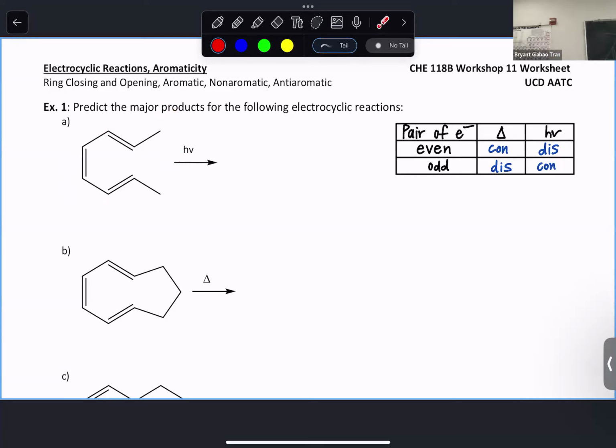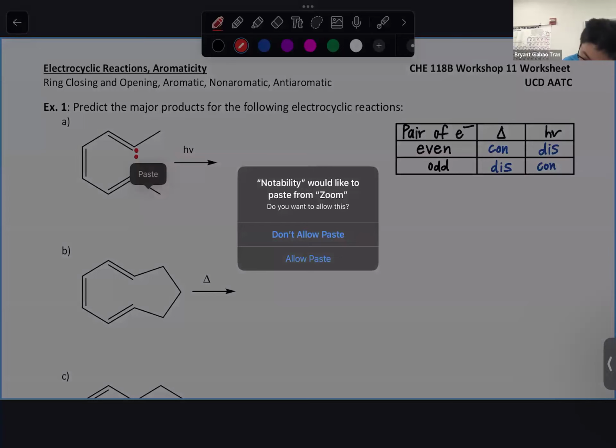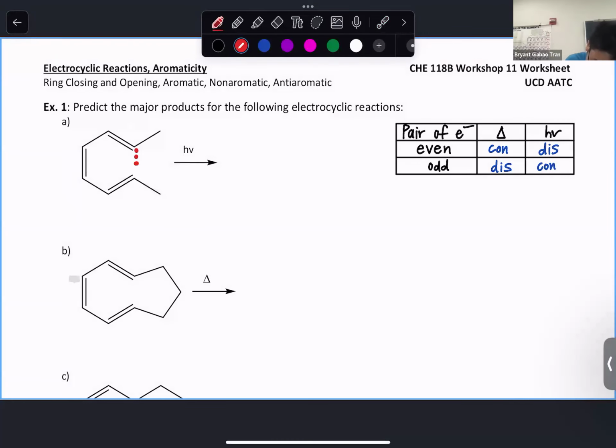We see that this is not in a ring, but we can form a ring by doing these kinds of arrows, where a new bond is going to form between these two carbons. And it could do that by moving this double bond to make a new bond there, this double bond here can make a double bond there.